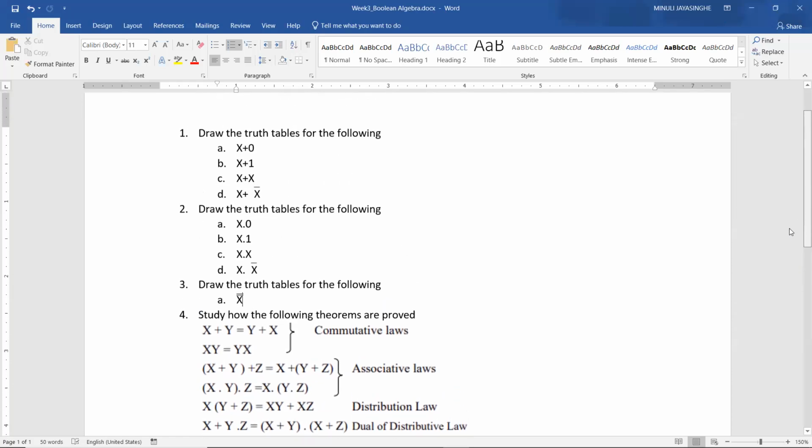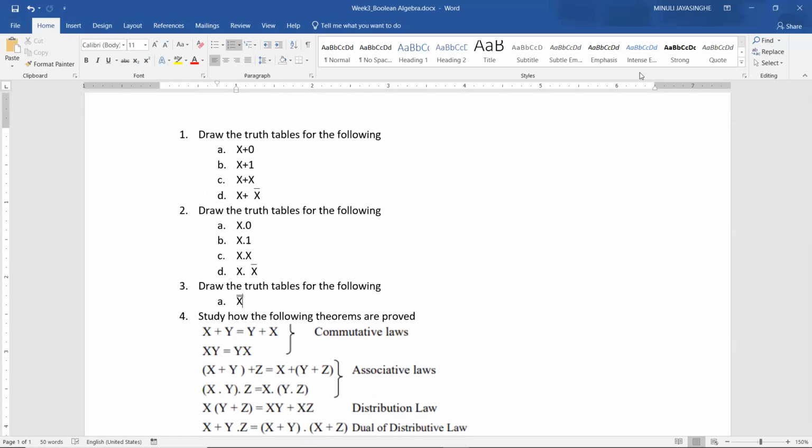So the purpose of giving that activity was to let you know about some available laws and theorems for Boolean algebra. Because we have different types of circuits, and when we design circuits, we can simplify very large circuits into small circuits, right?